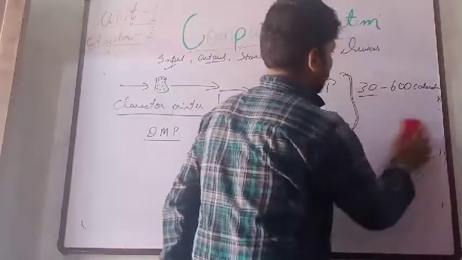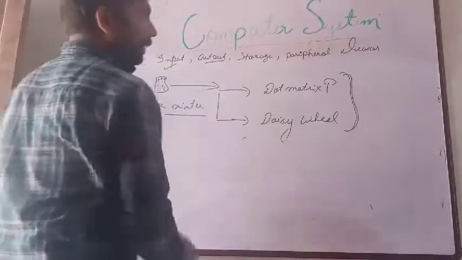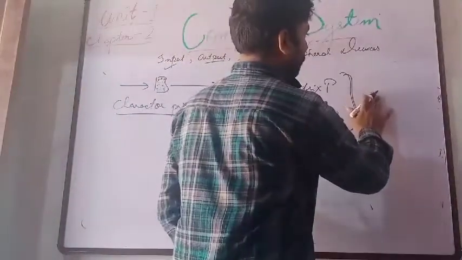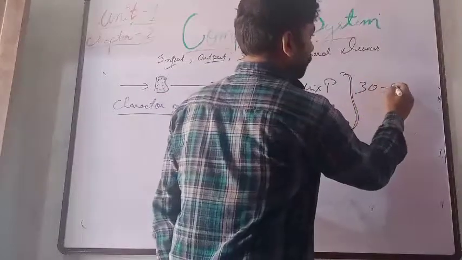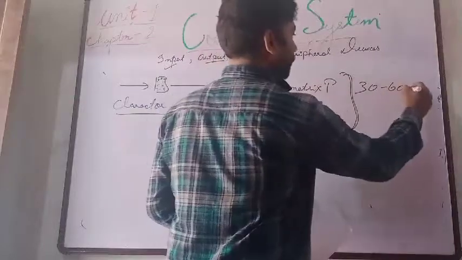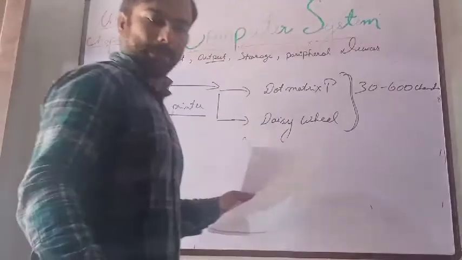work? This is also a printer. Remember, if I am talking about characters per minute, 30 to 60, this is overall, including all 600 characters.